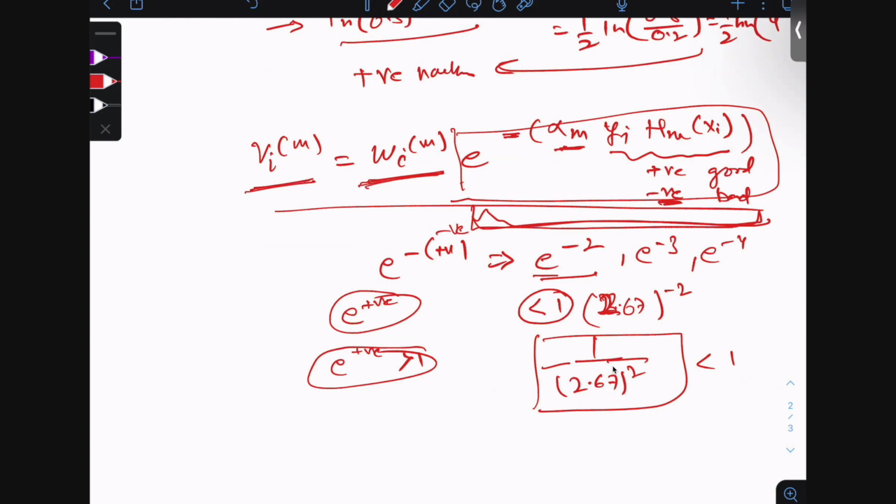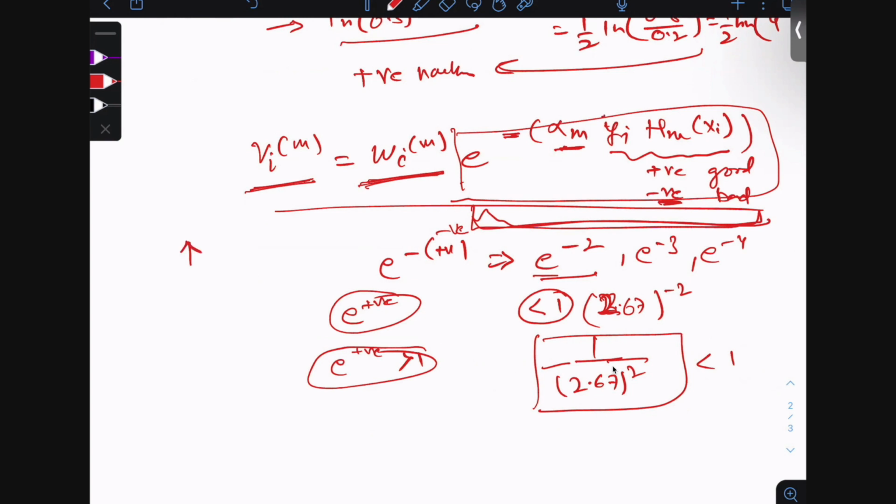It is multiplying it, penalizing, or rather trying to bubble up everything which has the wrong classification, right? And it is trying to suppress everything which has the right classification. So the weight of the individual observations, wherever there was a wrong classification, will go up, right?